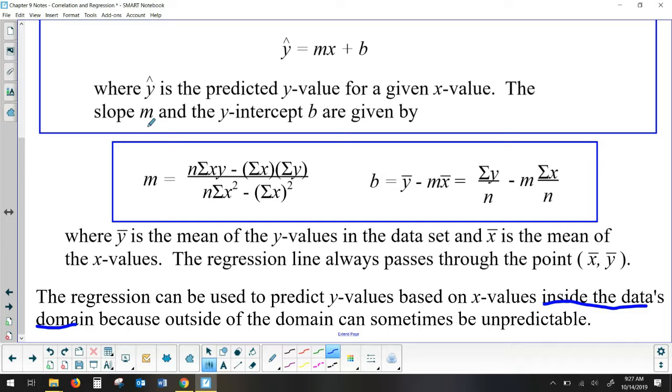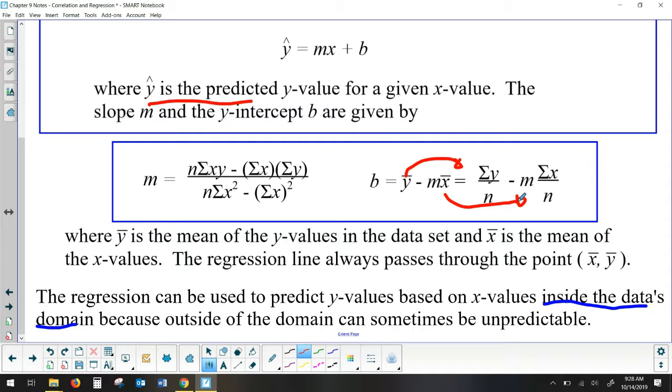So, important things to note in these equations. y is predicted. Right here, your y average is the sum of all your y's all over your sample size n, and your x average is the sum of all your x's all over n.